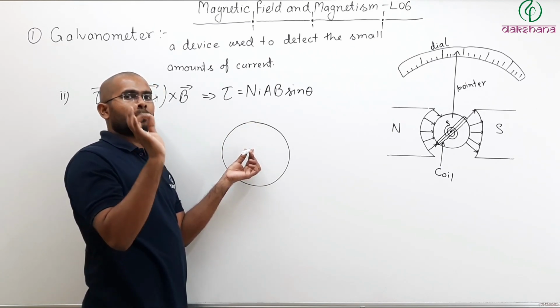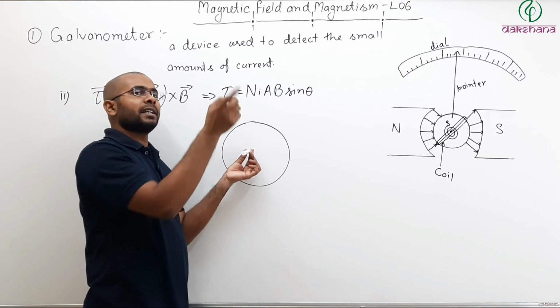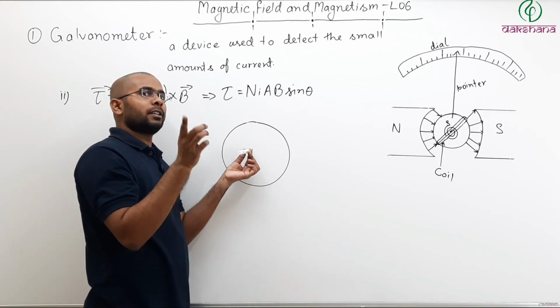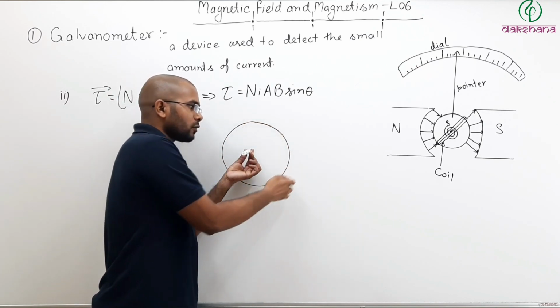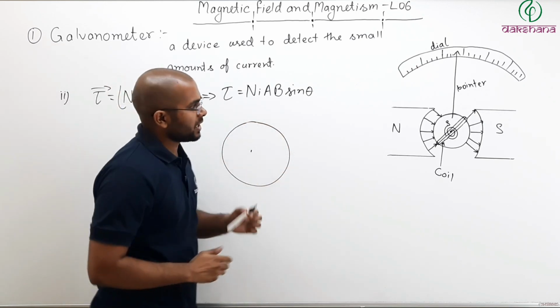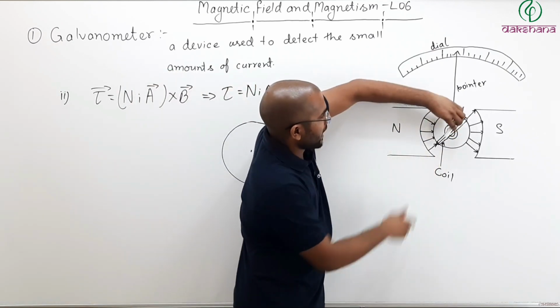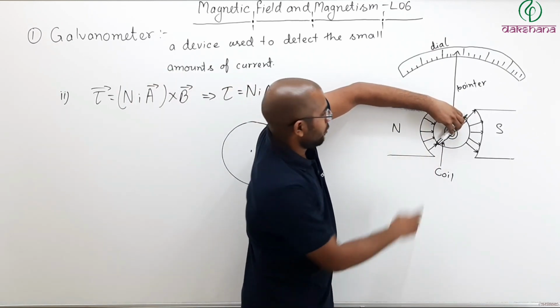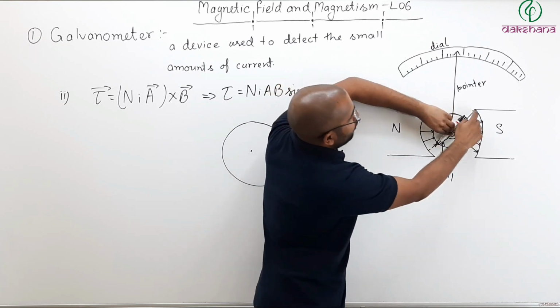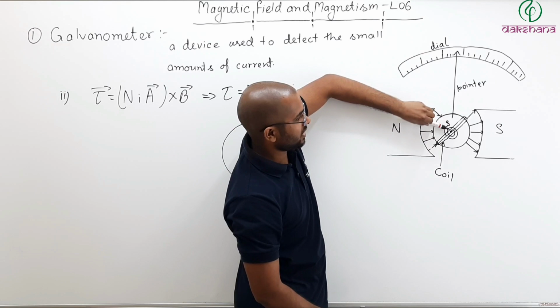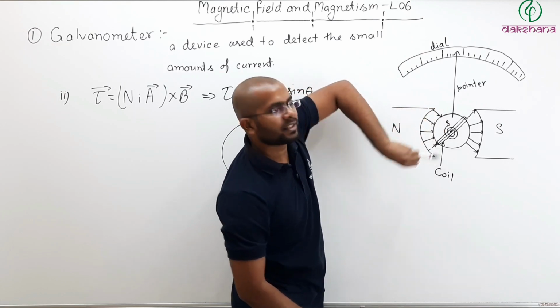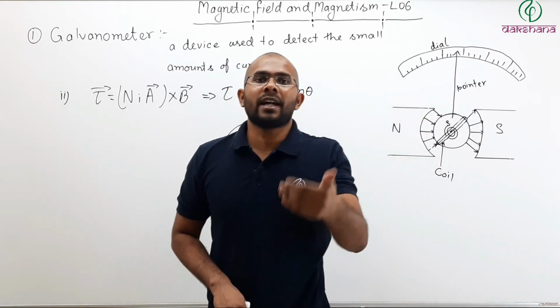Magnetic field will only apply torque when it applies force, and it will only apply force when it crosses your wire. So here, only this field line is crossing your wire. Others, this field, this field, this field, are not crossing the wire of the loop.